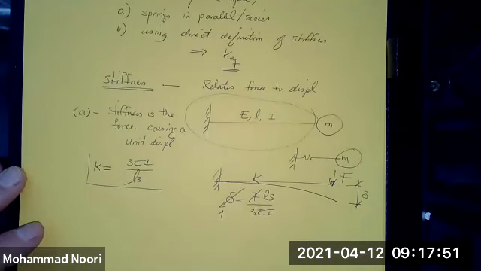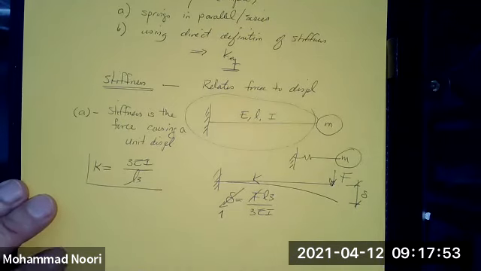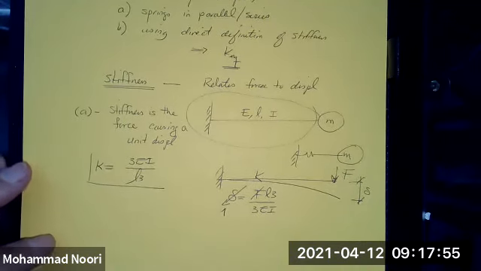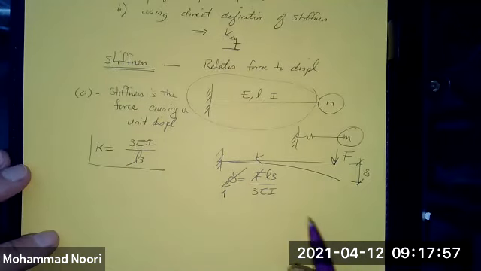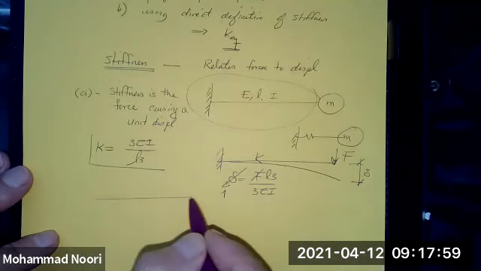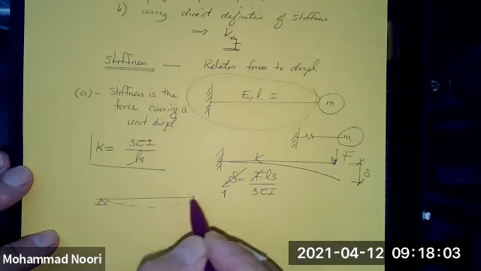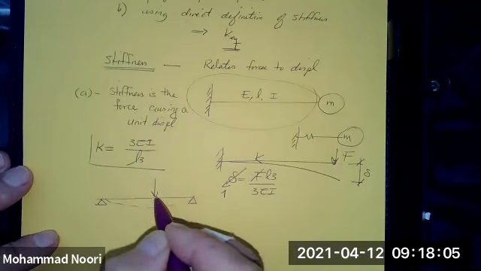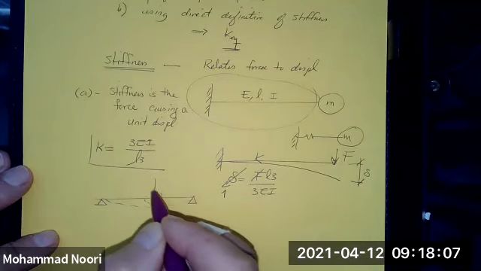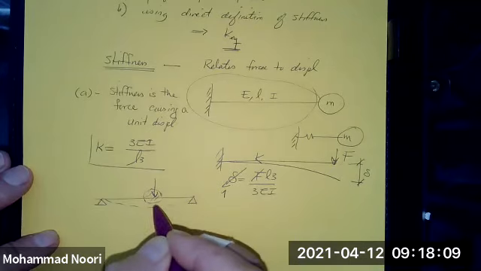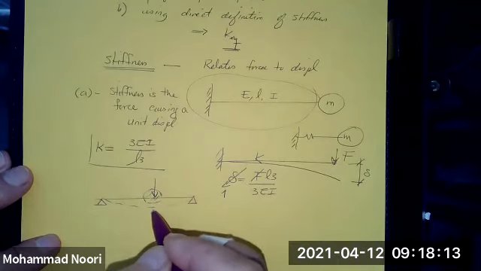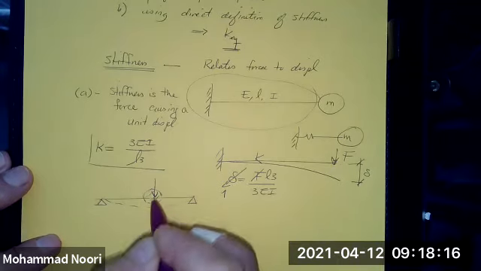So the stiffness of this beam is 3EI over L cubed. Okay. You can use that, of course, to find the equivalent stiffness of other types of beams, for instance. If you have a simply supported beam, let's say you have a lumped mass here in the middle, so you're interested in the displacement at this point, the degree of freedom being this, right?